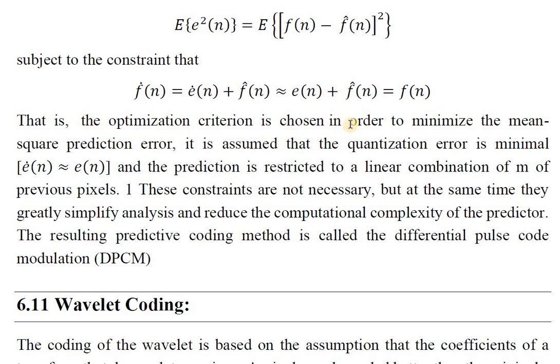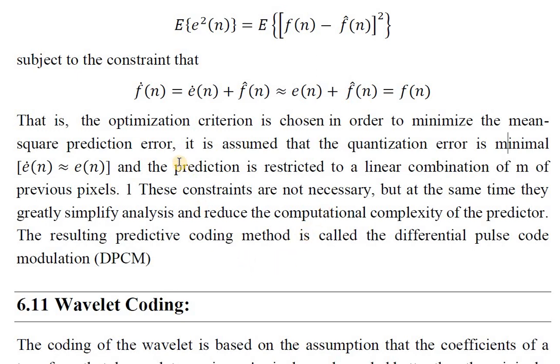The optimization criterion is chosen in order to minimize the mean square prediction error. So we want to assume that the quantizer error is minimal. So basically the concept here is that we have to find a quantization process where this particular error is minimized and e dot n is almost equal to En.